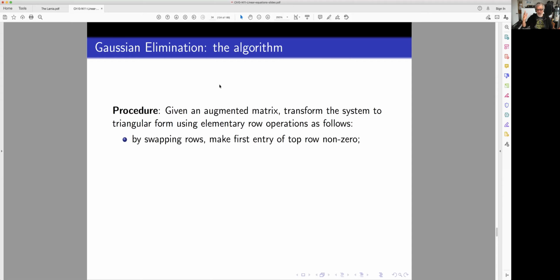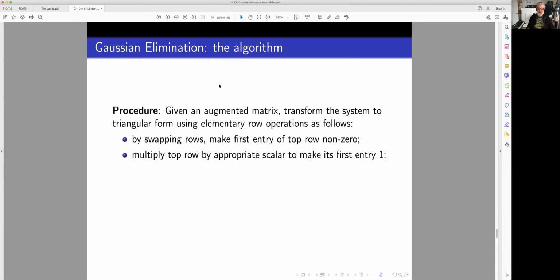If not, then that variable is not used, so that's silly. So for sure in the first column there must be a non-zero entry, so you can swap rows until you get a non-zero entry top left, okay? I'm going to do an example after, I just wanted to write down the procedure so you have it.